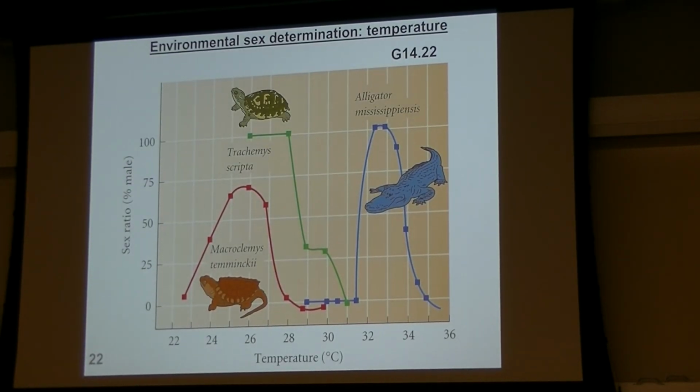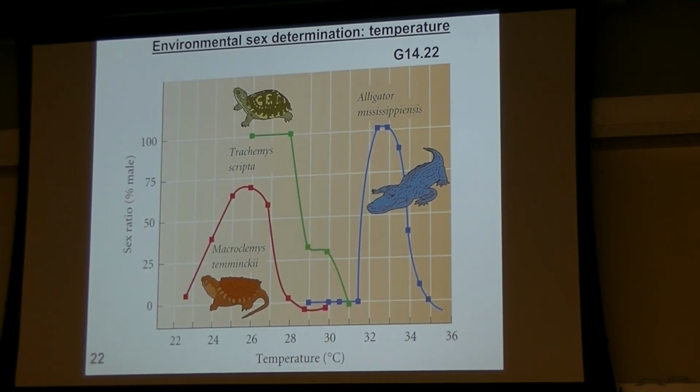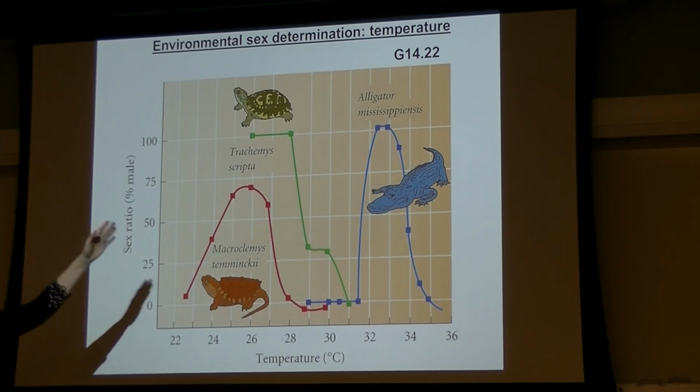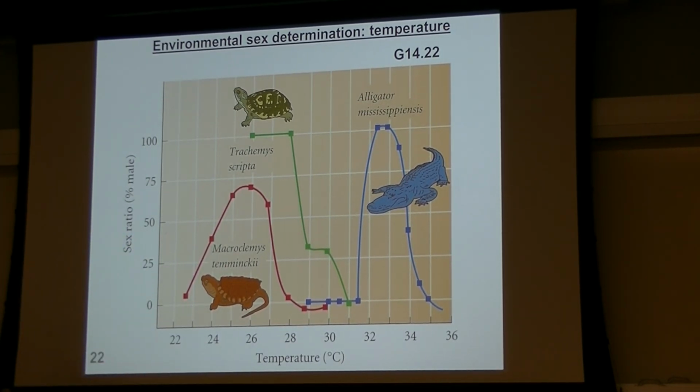Okay, so this is to make sure I told you about the mechanism of sex determination that is not reliant on sex chromosomes and instead relies on temperature. Here we have a few different organisms, including the turtle, the alligator, and this one. I'm not quite sure exactly what it is. The sex ratio is on one axis and temperature on the other.